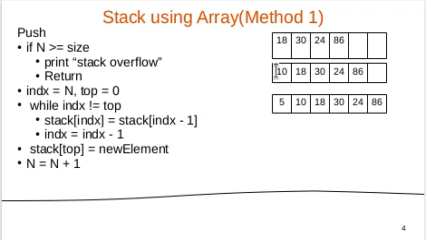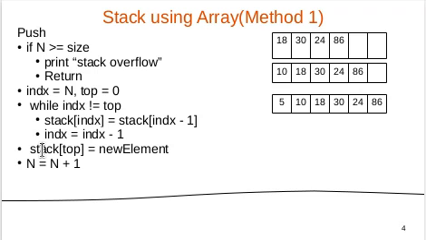Now when we think about inserting an item, we first have to check if the array is full or not. Let's consider n is the number of items in the array. If the number of items is greater than or equal to size, then print stack overflow, then return from this function. Otherwise we do these things.